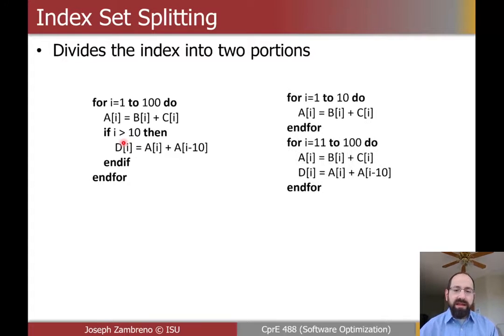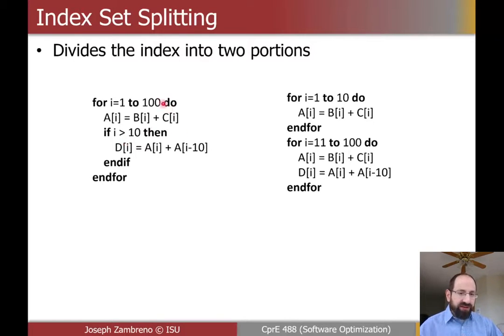The idea in this optimization, as opposed to trying to complete everything in one single relatively complex loop, is that we take the index set, the indices for which we iterate over an array, and we split it into its 2 separate portions separately.